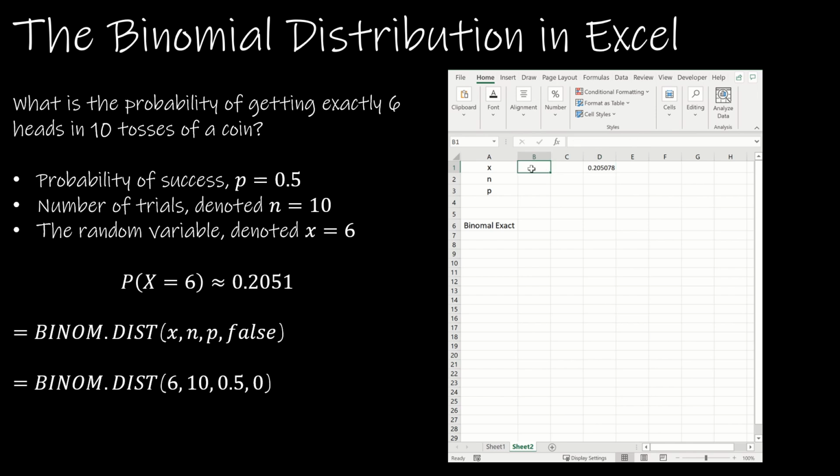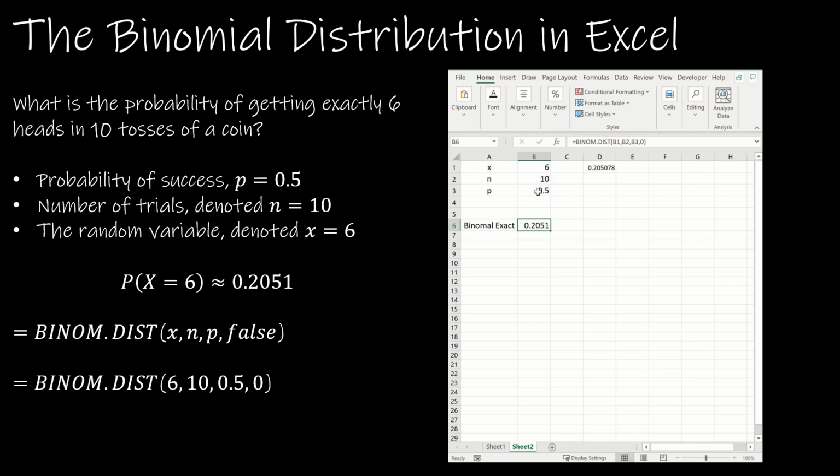So if I take X, N, and P, and then I create a cell like this, binom dist, and I know that X is the number of successes, N is the number of trials, P is the probability of success, and 0, because it's always going to be 0 right now whenever it says exactly 6 or exactly some number.